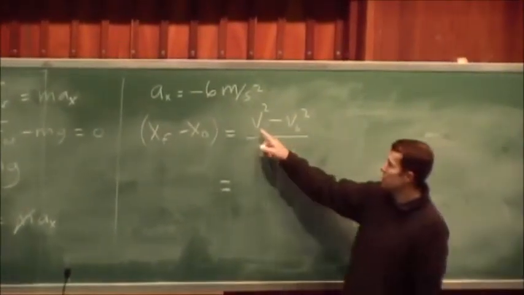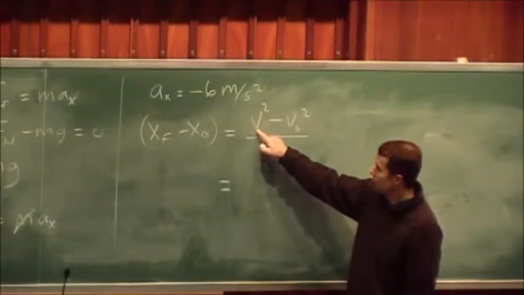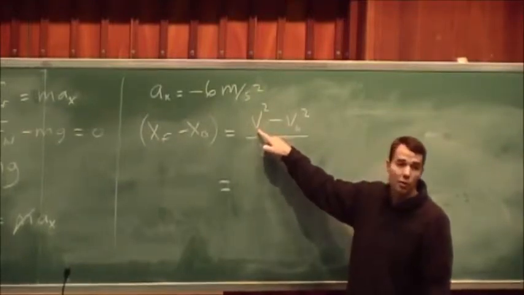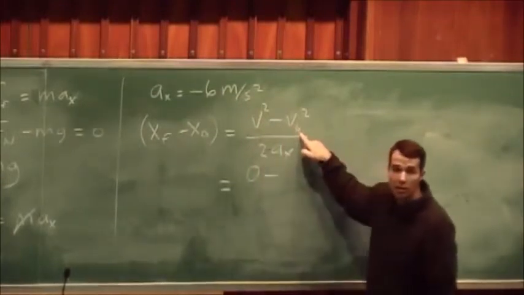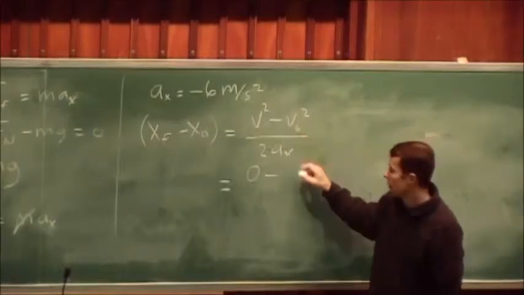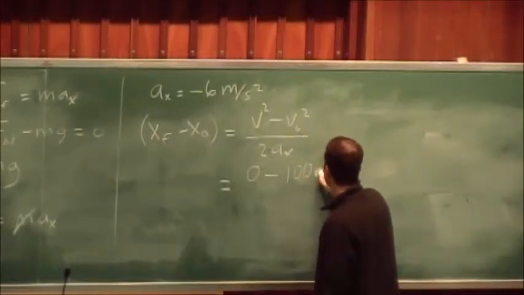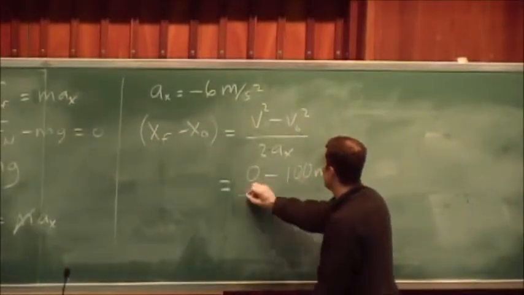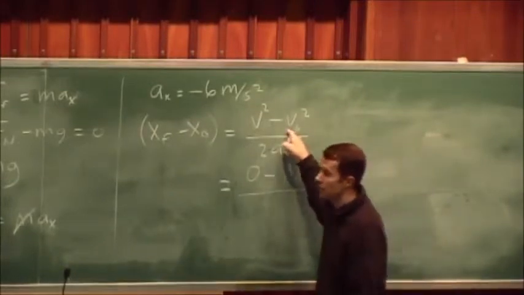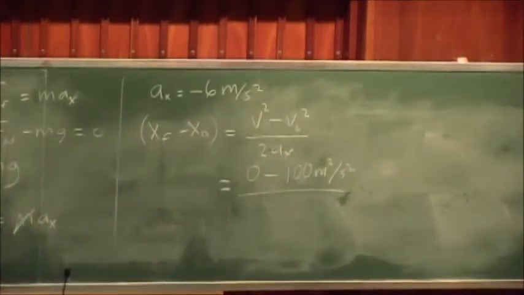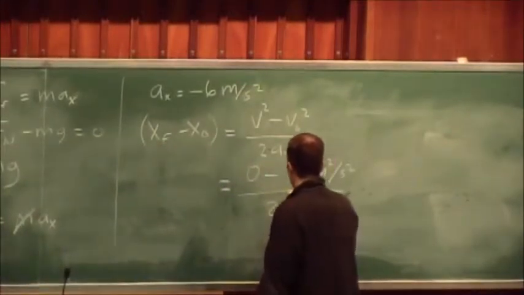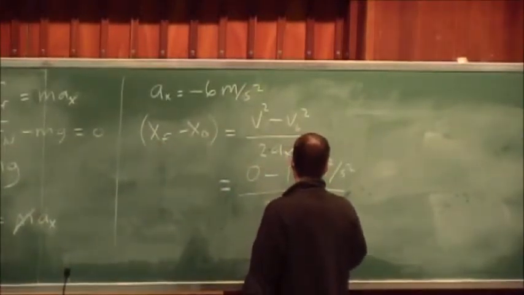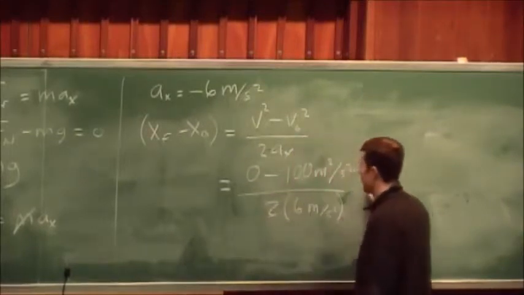So in this particular case, v squared is equal to 0, minus 100 meters squared per second squared, because this is my initial velocity that I'm traveling at, divided by 2 times 6 meters per second squared.